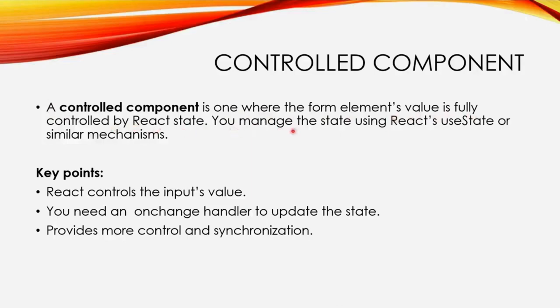You manage the state using React useState and similar mechanisms. Key points: React controls the input's value. You need an onChange handler to update the state, which provides a more controlled and synchronous flow.